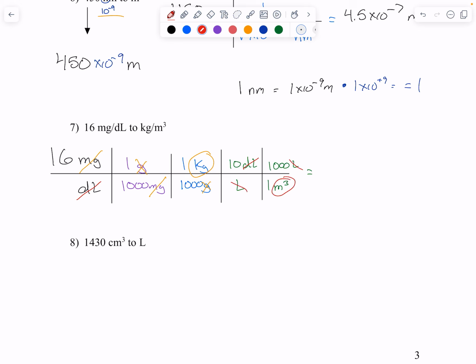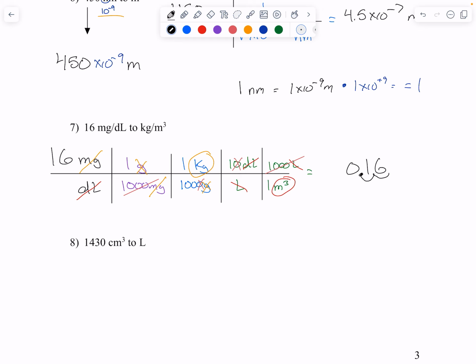All right. Now, the math. I have 1,000 there and 1,000 there. So basically, I have a 0 there. I'm going to take that 0 off and that 0 off. So I really have 16 divided by 100. And 16 divided by 100, that's 10, that's 100.